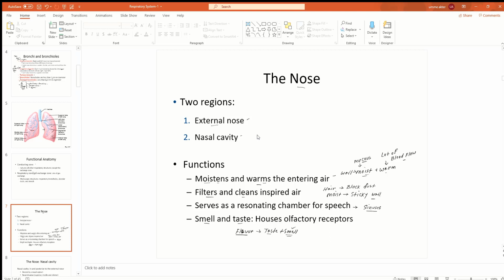You all know when you get a cold, right, you don't smell the food, you really don't enjoy the food 100%. So both taste and smell, your nose is helping in those two things to enjoy your life.